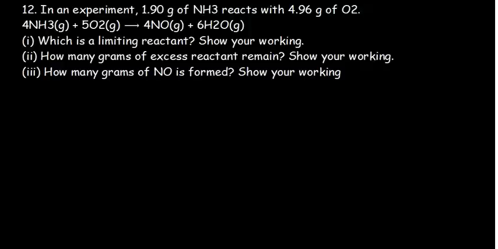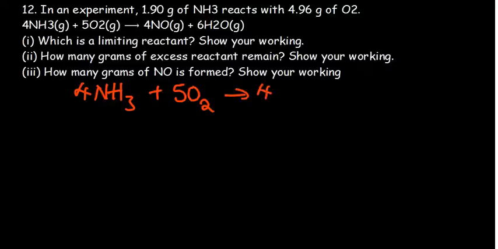Question 12 is dealing with the issue of finding the limiting reagent. So I'll try to solve it as fast as I can. So this is our equation. A limiting reagent is what finishes faster in that reaction, or what is not enough.